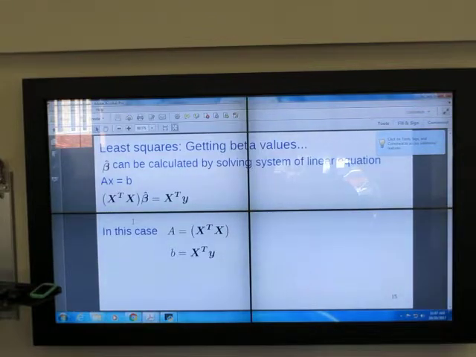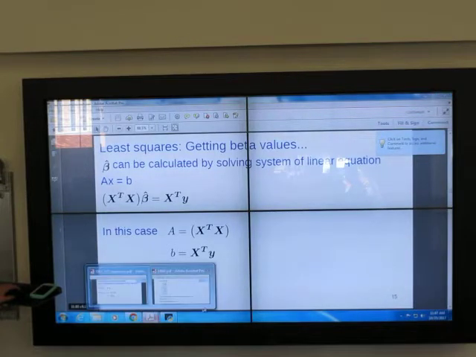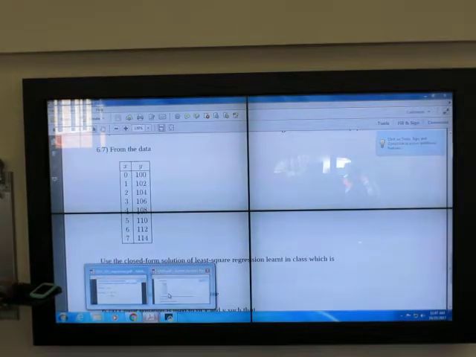Right? This will help you to do it. So what is capital X? Who wants to answer? Capital X will be how many rows and how many columns? In your case, which is this one. Going 8. So how many rows do you have and how many columns do you have?